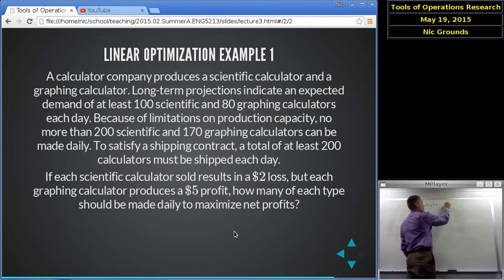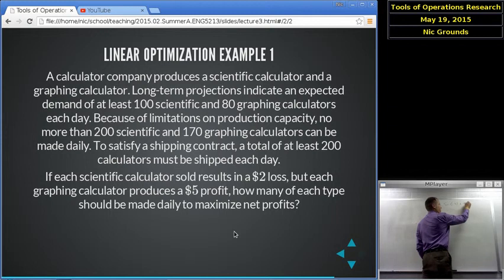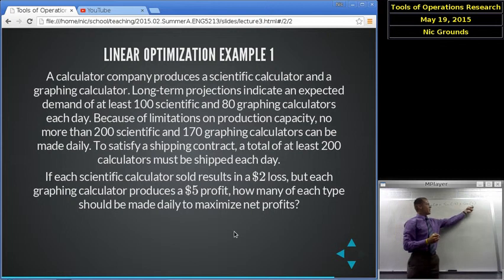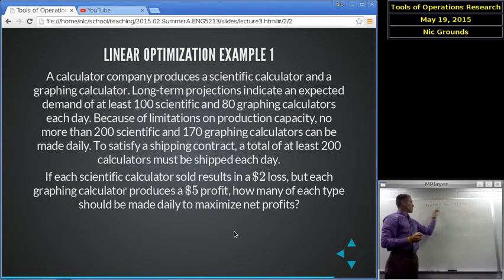So for every science calculator we make, we lose $3, okay? So we're going to multiply that by -3. For every graphing calculator we make, right, we make $5. So profit is -3 times the number of scientific calculators plus 5 times the number of graphing calculators. Sum that up. Okay? That's how much profit we will make. That's what we want to maximize.